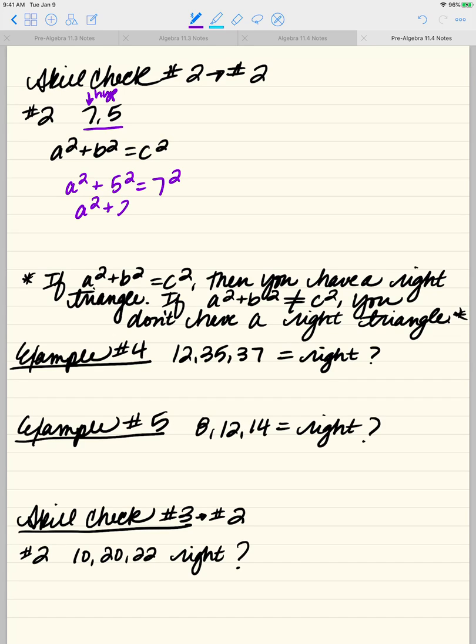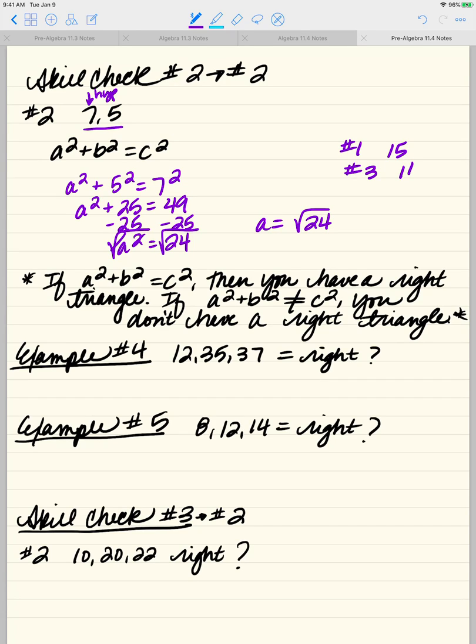A squared plus 25 is equal to 49. Subtract 25 from both sides. A squared is equal to 24. Take the square root of both sides, and a is equal to the square root of 24. You can leave it just like that, okay? If you want to challenge yourself to practice, the answer to number 1 is 15. The answer to number 3 is 11.